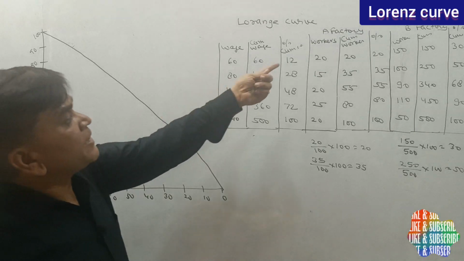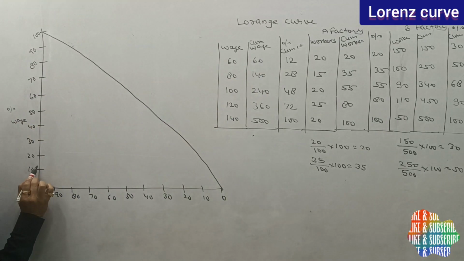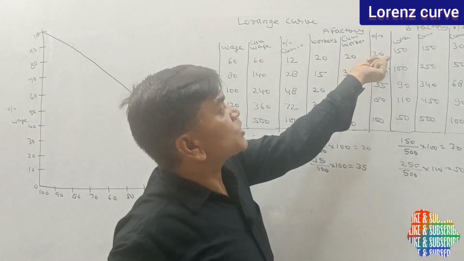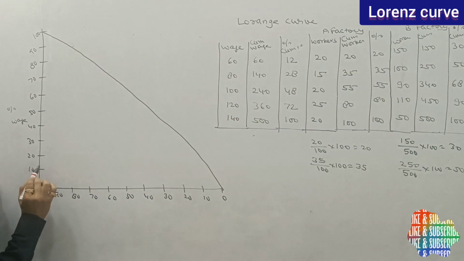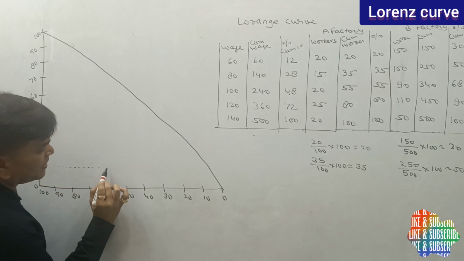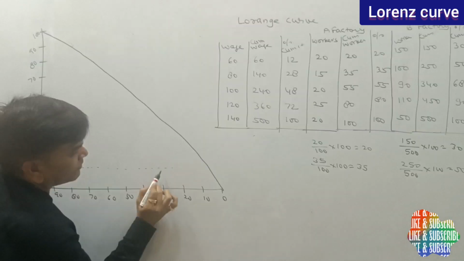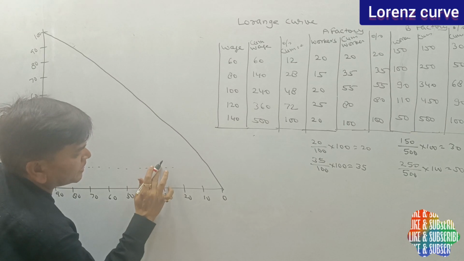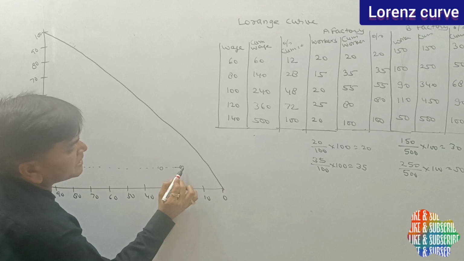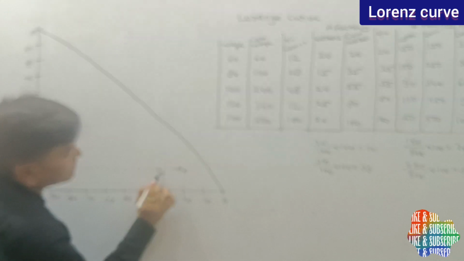So the very first, wage is 12, percentage of workers is 20 and 30. So the wage is 12, percentage of workers we have to see. First one 30 and 20. In A series 20 and B series 30.